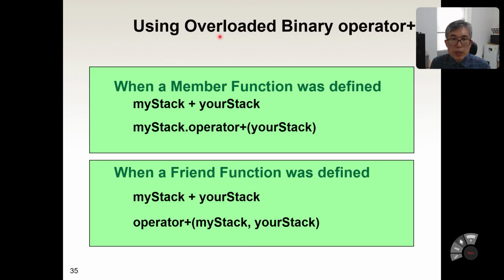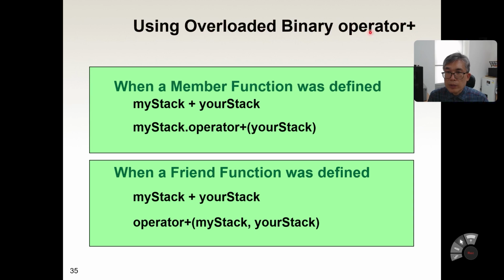So using an overloaded binary operator, okay, plus case, two operand arguments are required. Firstly, when a member function is defined, like your stack plus my stack, my stack dot operator plus your stack.